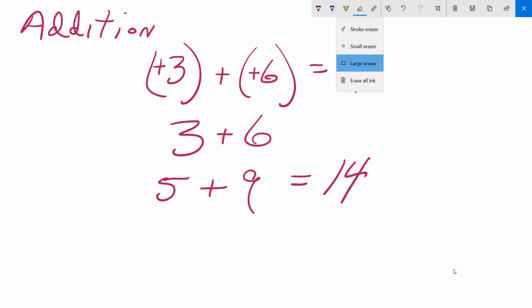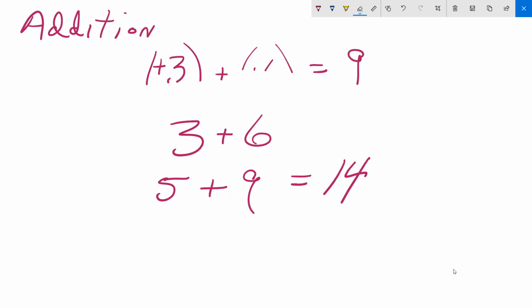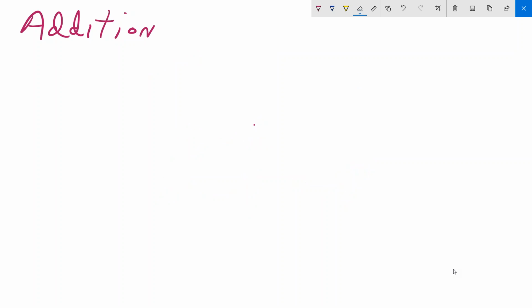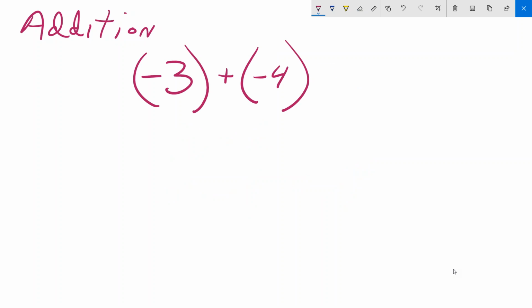Now let's talk about adding 2 negative numbers. What's that equal to? That's equal to positive 7. No, when you add 2 negative numbers, it's always negative. Oh, yeah. Okay.